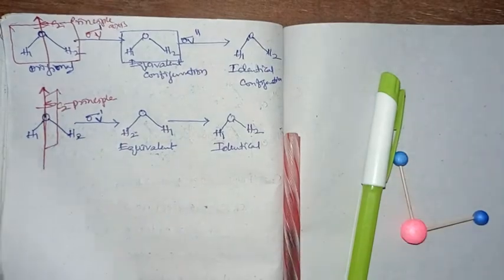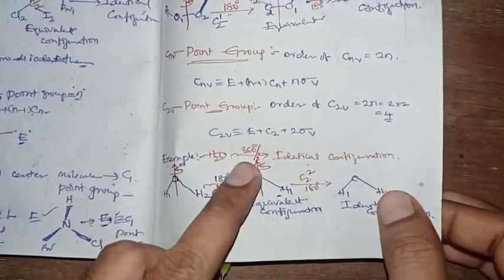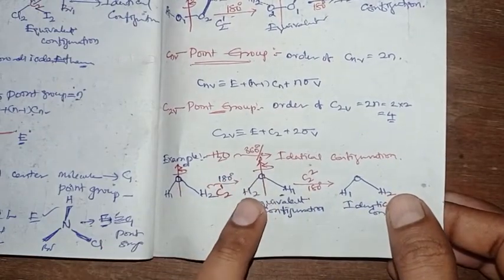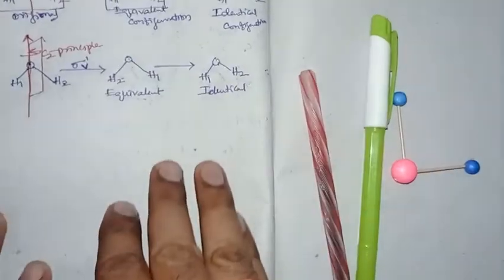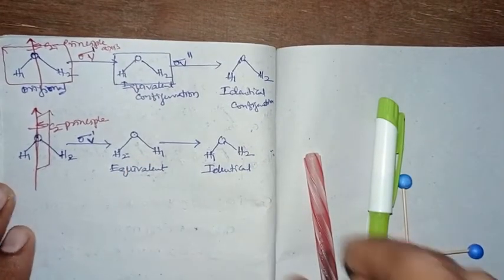It has only identity, a two-fold rotational axis, and two vertical planes, right?